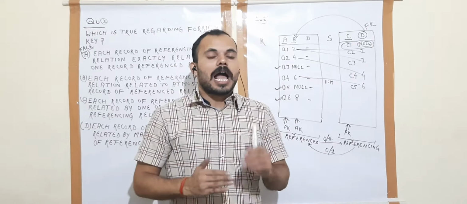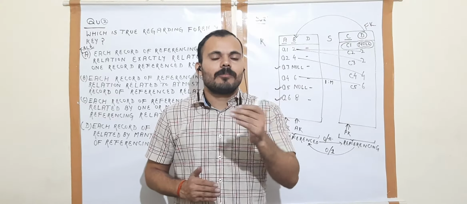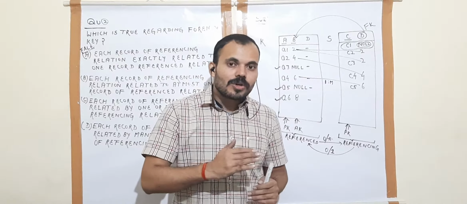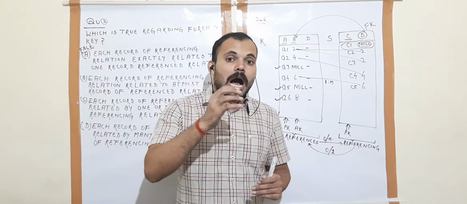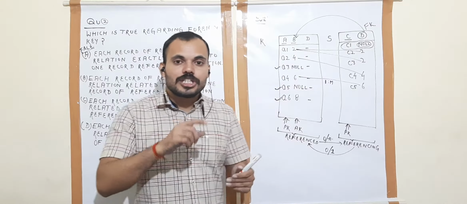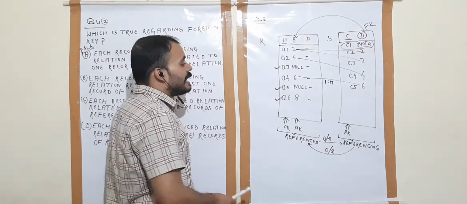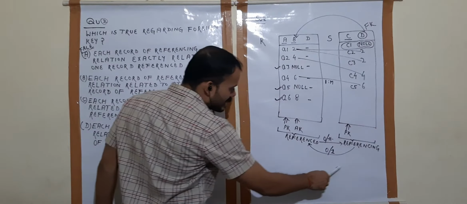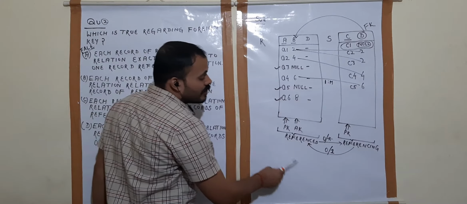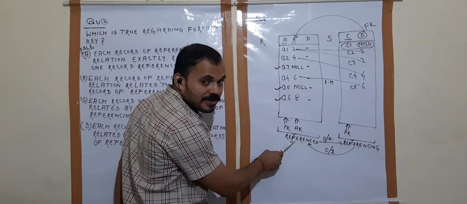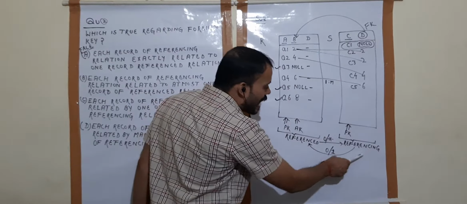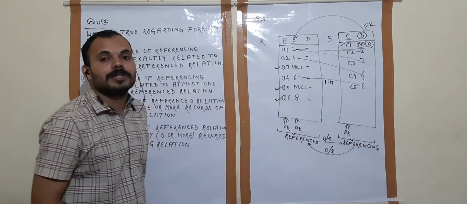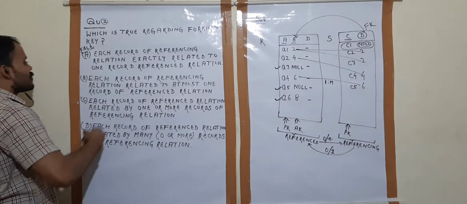At most one means 0 or 1. So each record of the referencing relation is either related with zero record of the referenced relation or one record of the referenced relation, means at most one record of the referenced relation. It is true.